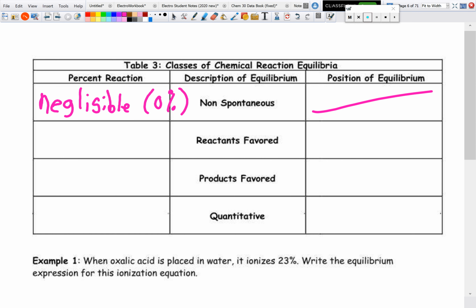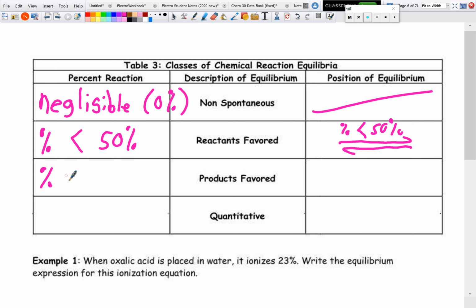So position equilibrium, it doesn't really exist. Now, for reactants favored, so this means that at the end of the reaction, or the way the equilibrium is, we're producing the reactants. There's more reactants left than we have products being formed. So if that's the case, our percent is going to be less than 50%. And how we'll see that, we'll see our equilibrium arrow with a percent less than 50% above the arrow.